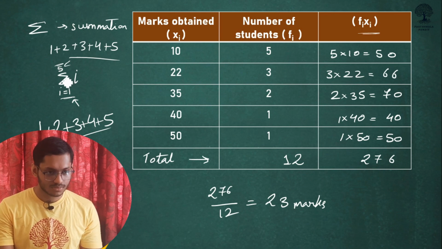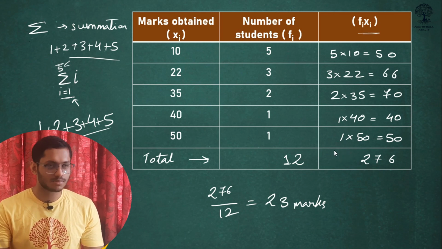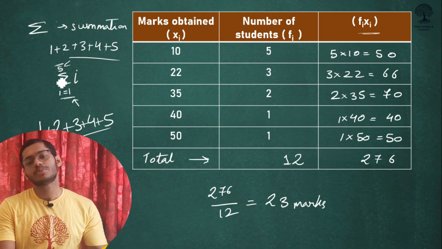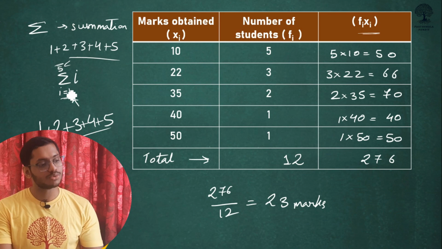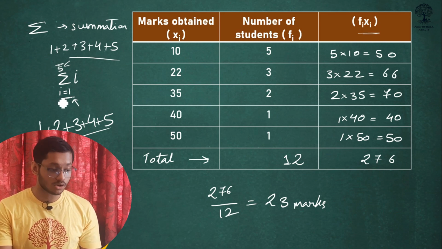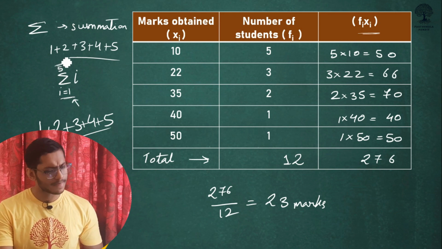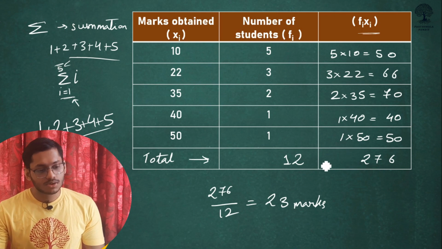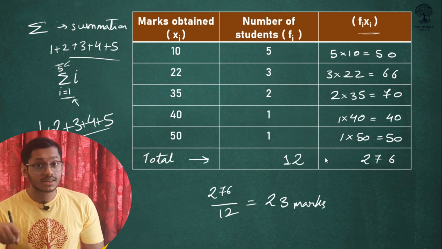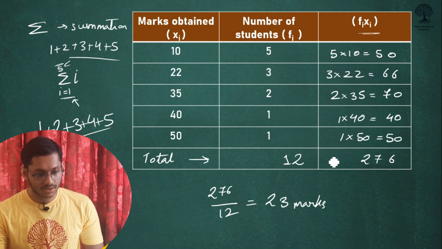This is just a precise manner I showed you. Most of the time we just use this symbol only, but for precision we always denote I equal to 1 and 5. So let me denote it here in the same format.